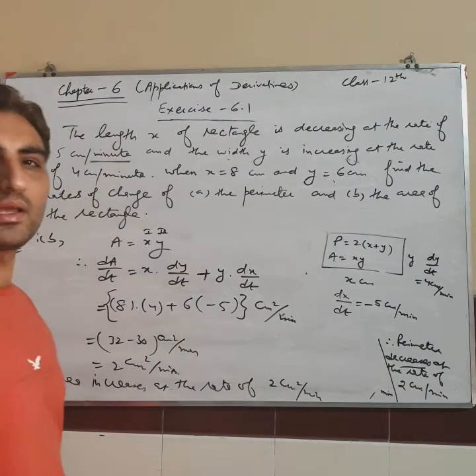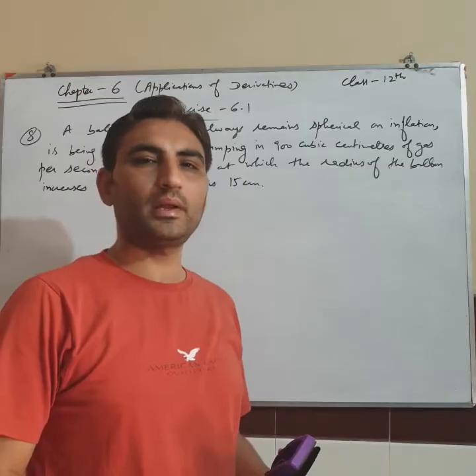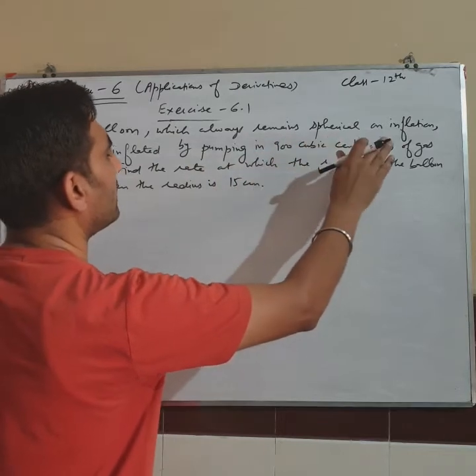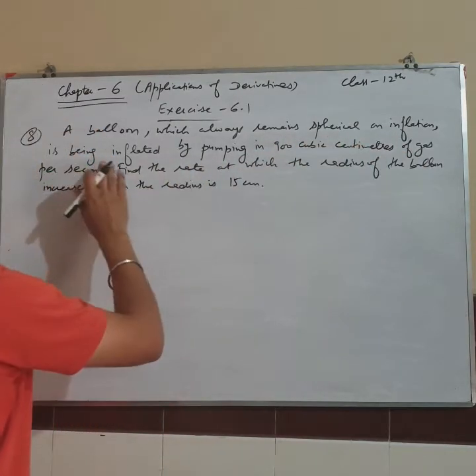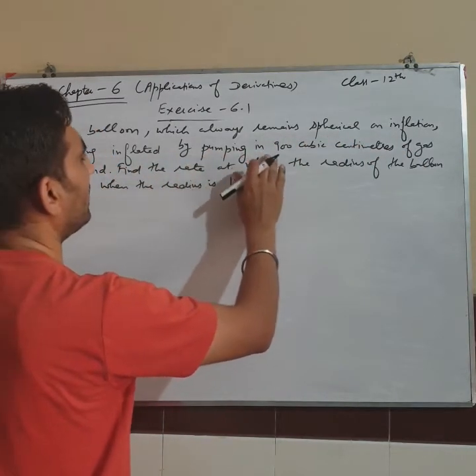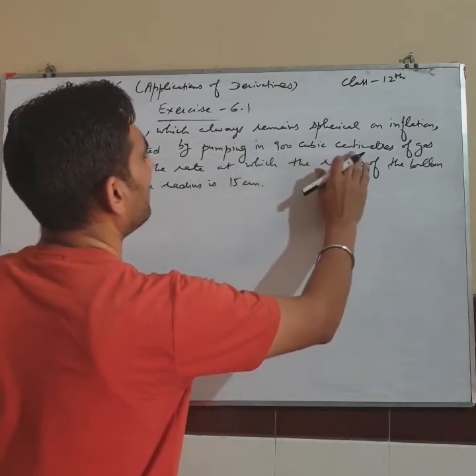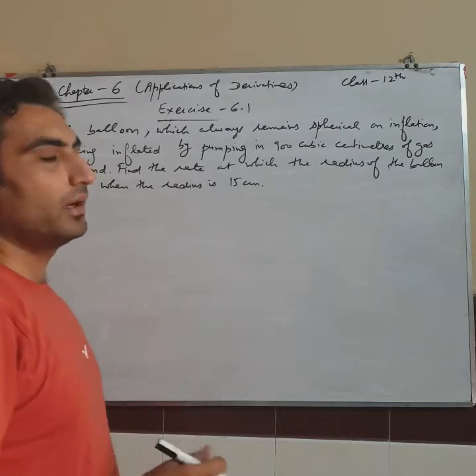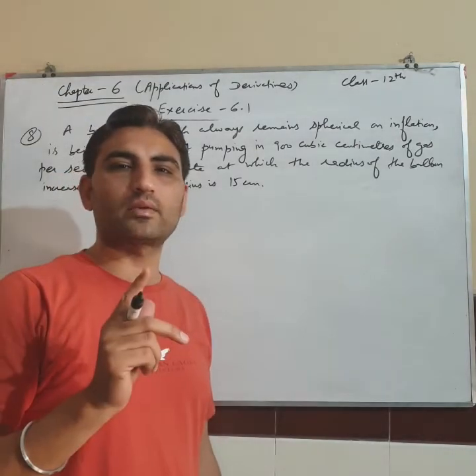See next, what is given in question number 8. A balloon which always remains spherical on inflation is being inflated by pumping in 900 cubic centimeters of gas per second. Very first thing, in a sphere we have only one unit, that is radius.